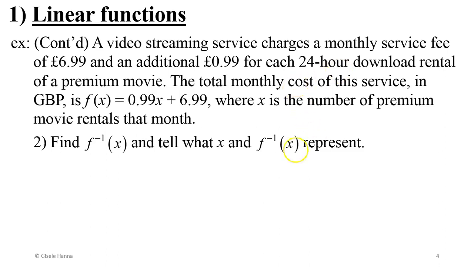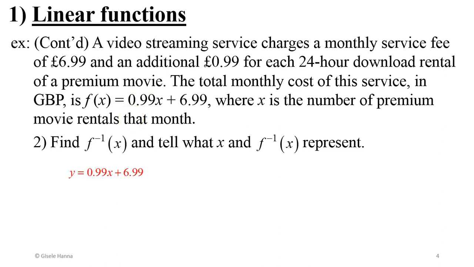We know that the inverse exists because f of x is a linear function. It's graphically represented by an oblique line, and that is increasing, so it's 1 to 1 as well. It passes both the vertical and the horizontal line test. So the function being 1 to 1, the inverse function exists.